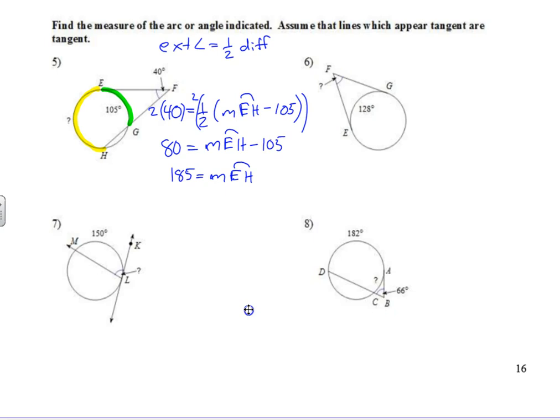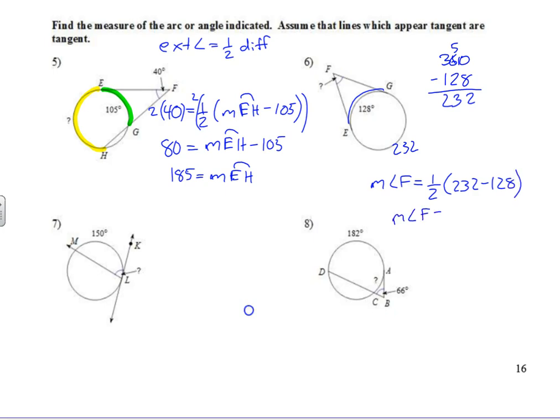So in number 6, again, this is what we're given, 128. We need to remember that all the way around the circle is 360. So if we subtract this, we're going to get 232 would be our angle here, or arc there. So the measure of angle F would be 1/2 the difference, 232 minus 128.